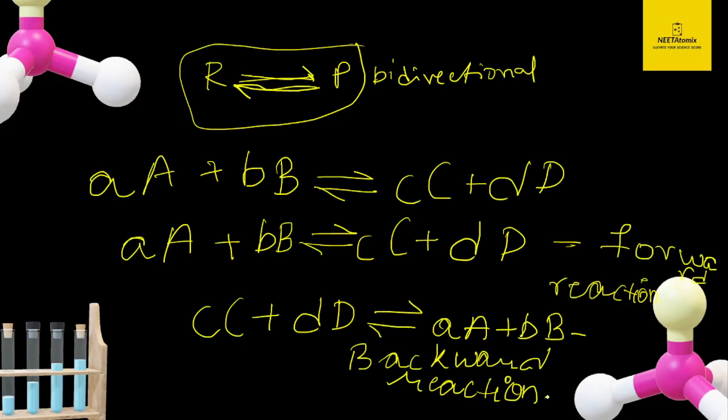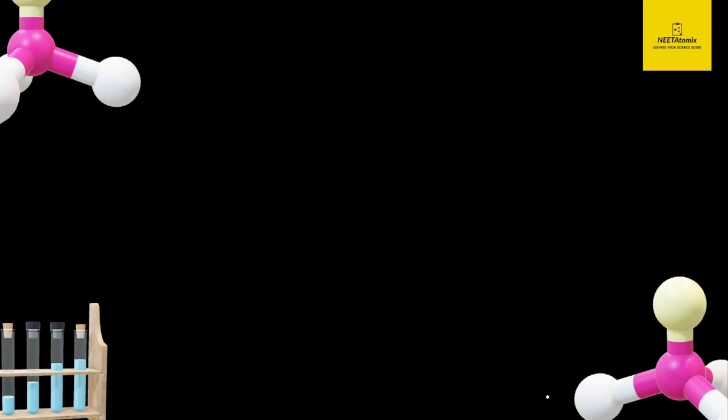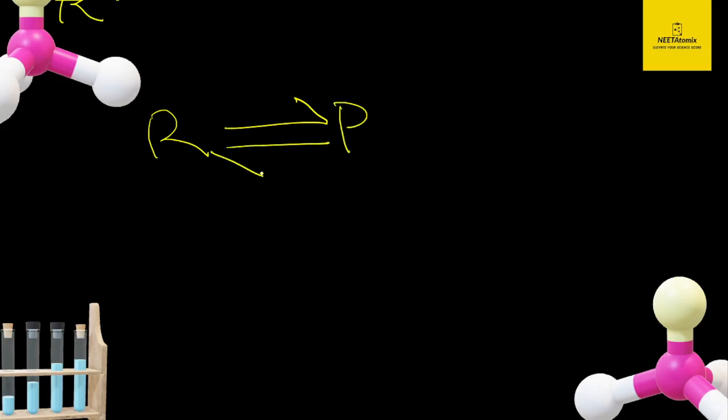So now we will be learning the characteristics of reversible reactions. In these reactions, the reactants give products and the products give you the reactants, meaning they convert interconvertibly, and they are always carried out in a closed vessel.